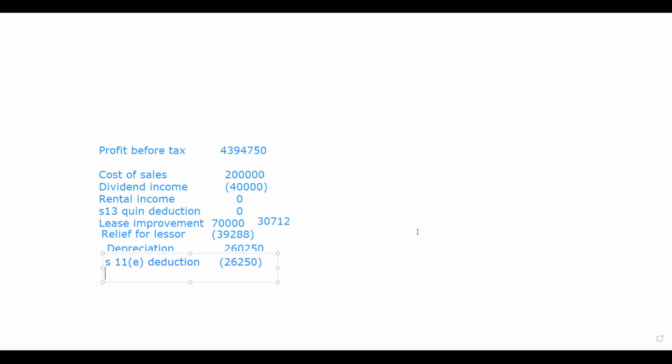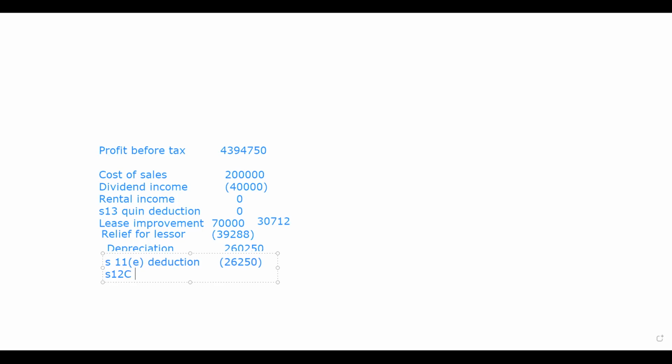That machine, what section applies to that machine? It's section 12C, because that's a manufacturing machine. Section 12C is for manufacturing machines and plants, but don't forget also aircraft. So it's manufacturing plant, not buildings, plant and machinery and aircraft.